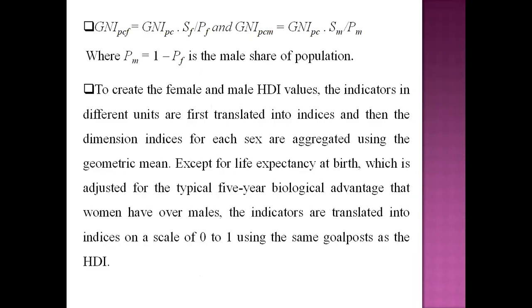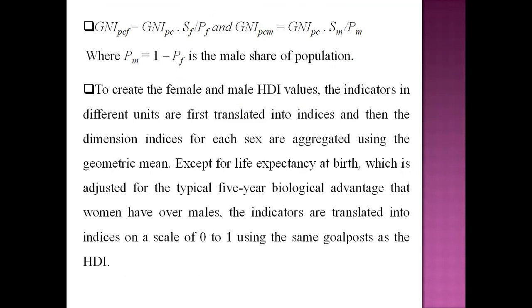So how to calculate the GNI PCF per capita income? GNI PCF equals GNI PC into SF divided by PF. SF already we have defined, but PF is the female population share of total population.